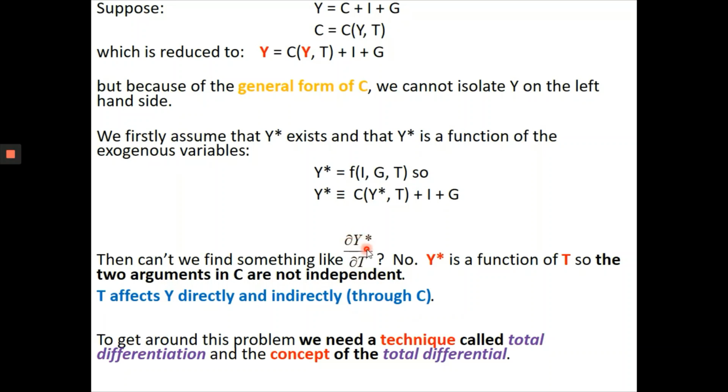The reason for this is because the two arguments in C, equilibrium income and taxes, are not independent. They are related. Taxes is going to affect consumption directly and also indirectly through income. We can also think of it in terms of taxes affecting income directly and indirectly through consumption.